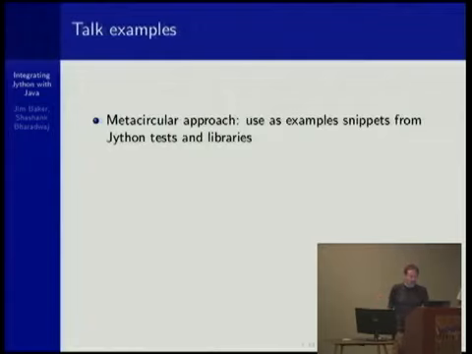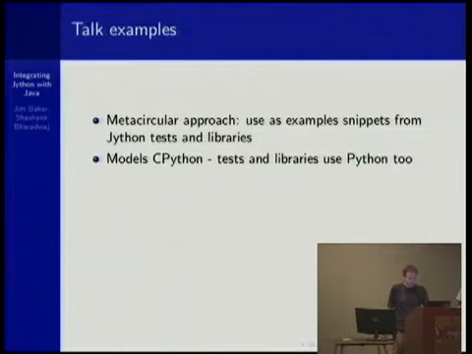And I'm going to be using some of those in the presentation because I think those show off the level of Java integration that is available. And the same model in CPython: tests and libraries use Python too. But again, not to the extent that we necessarily do, because we can reach back into the Jython runtime itself and get at what's going on there in terms of its public API, just as you would be able to from Java.